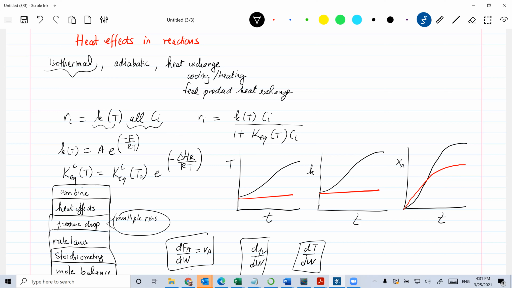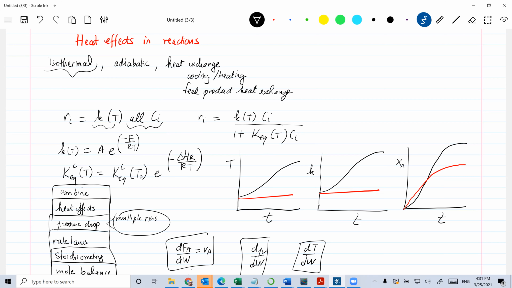And that can be very, very expensive if the delta H of reaction is very high. So if your heat of reaction is very high, you have to remove that much heat. That becomes nearly impossible to do. And that's sometimes not economical because you have to use a larger reactor. So you have to remove more heat from a larger reactor. So it's not the best form of operation.